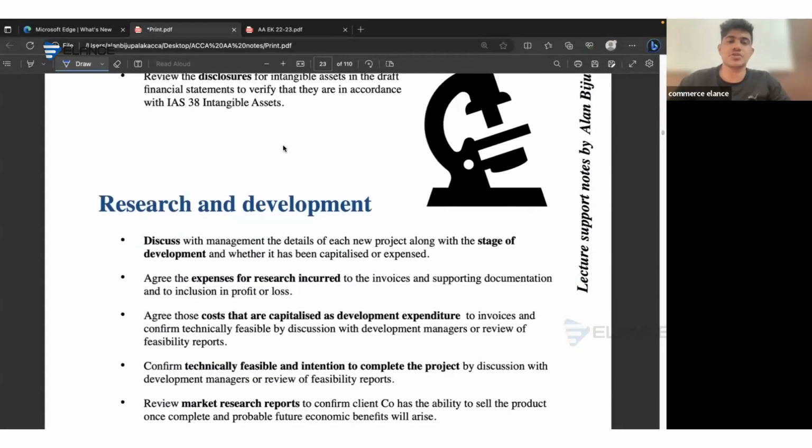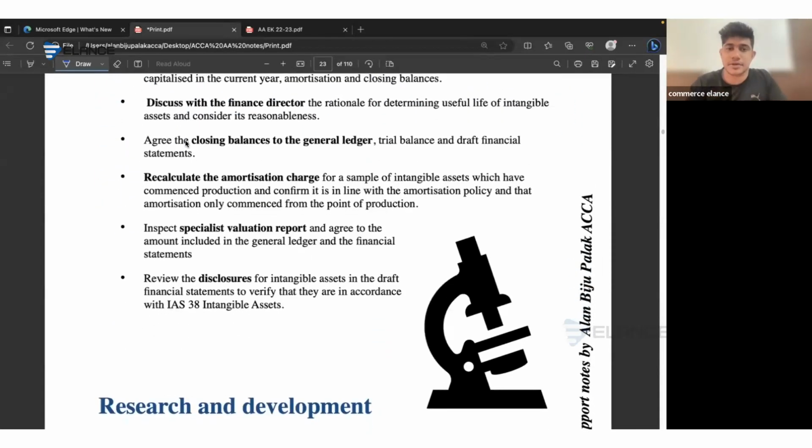And at the same time, you should also be considering the research and development related points. Maybe the examiner might be asking you to perform substantive procedures in relation to the research and development. But once an asset is capitalized as development expenditure, from the date on which the asset becomes available for use, we should consider it as an intangible asset itself. So there we need to make a mix of research and development related points and intangible asset related points.